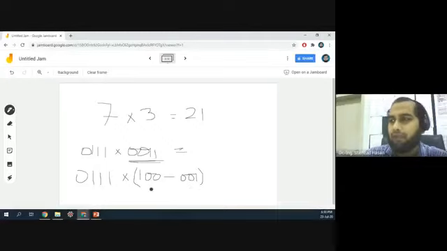Okay. So if you do it in this way, then you can have this operation first, and then in the next step you can go with the multiplication with 4, right? So I have to multiply 7 with 4 and 7 with minus 1, right?